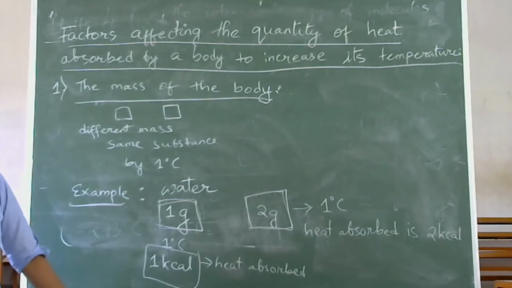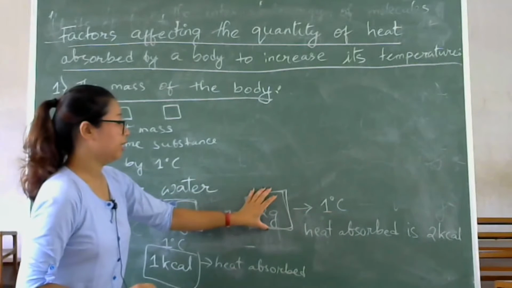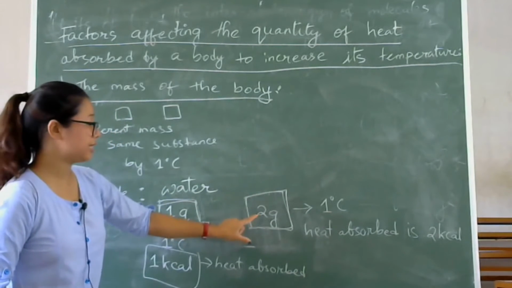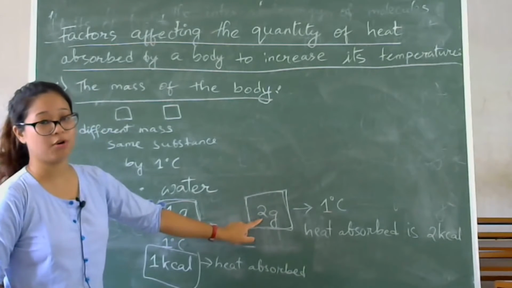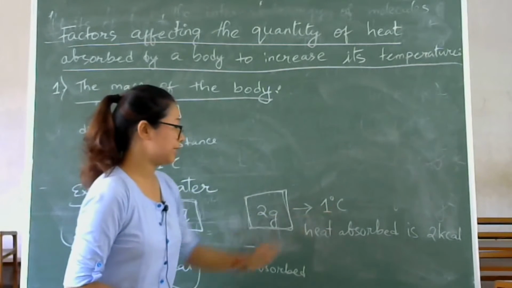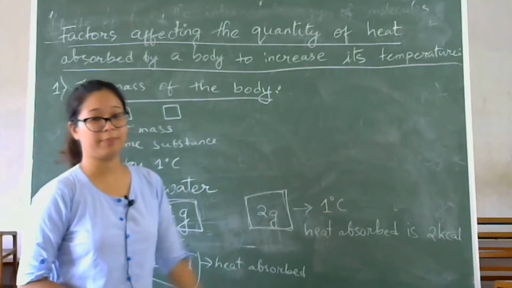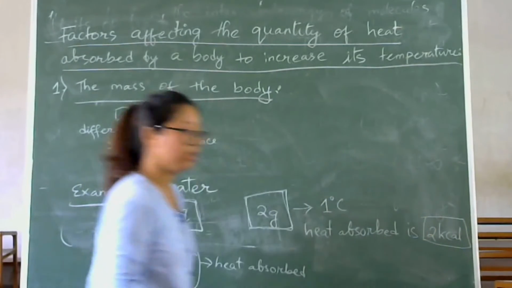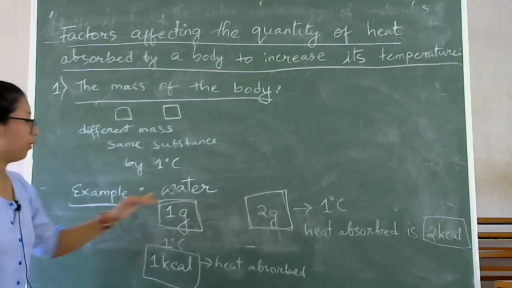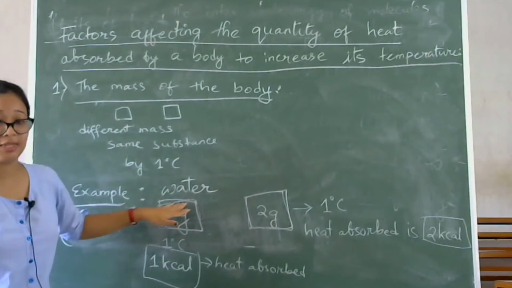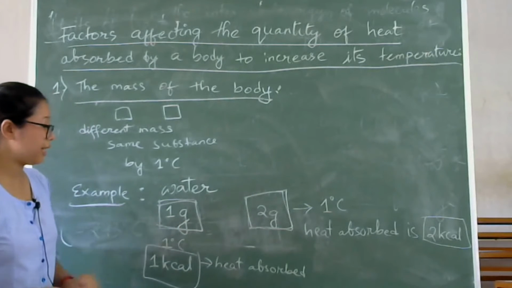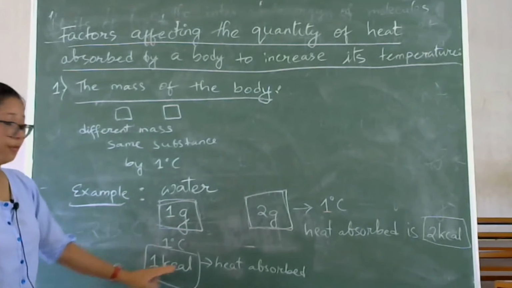Now for 2 gram of water, to increase its temperature by 1 degree Celsius, the heat absorbed will be equal to 2 kilocalories. So though they are made of the same substance, because of the difference in their masses, the heat absorbed by them will be different.